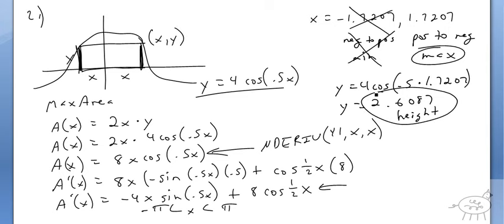And the width is just 2 times x, right? So 2 times 1.7207, because you got x and x, and so that equals 3.4414. All right, that's your width.